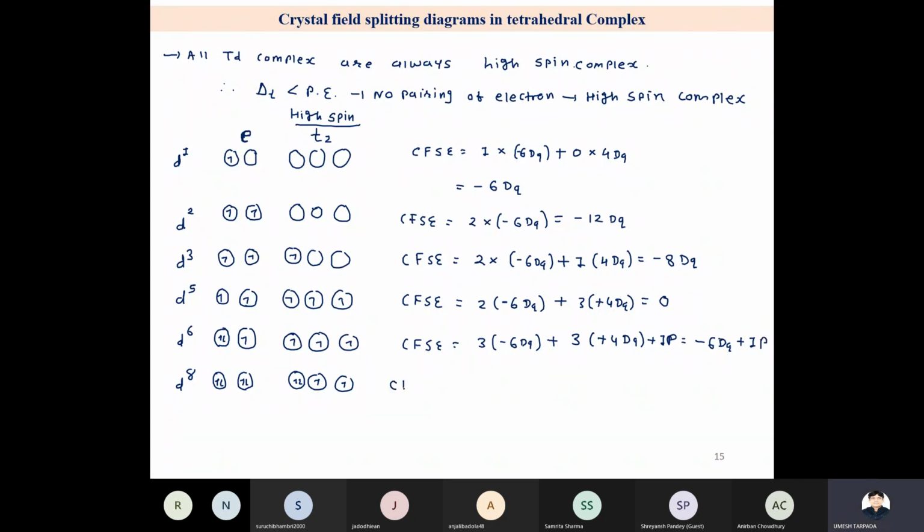For d8, 4 into minus 6 Dq, that is minus 24, plus 4 into plus 4 Dq, that is plus 16, plus 3P. So your answer becomes minus 8 Dq plus 3P. In this way, you can do the calculation for crystal field stabilization energy.